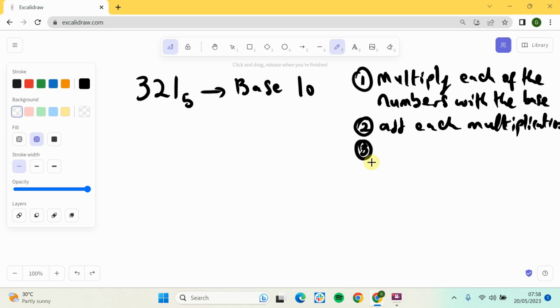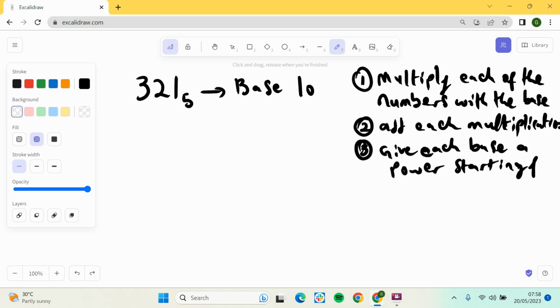Then the third step is to give each base a power starting from 0, left to right. While all these things might seem complicated, by the time we solve it, we see that it's very simple.